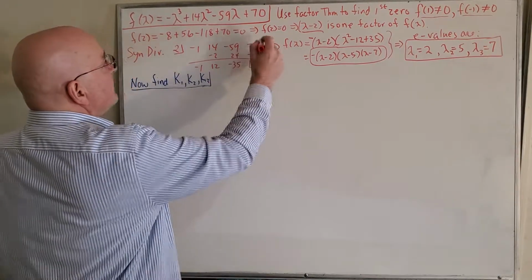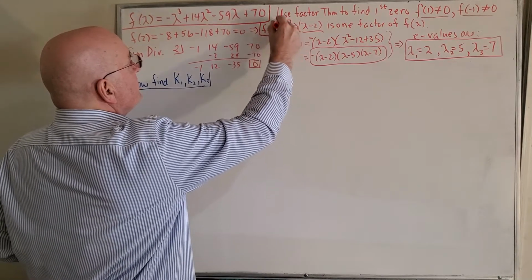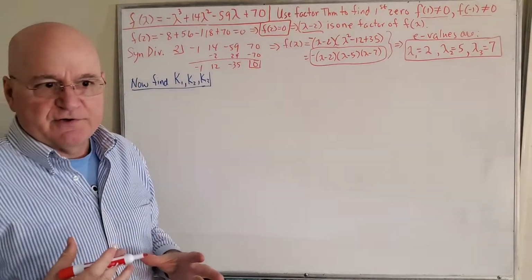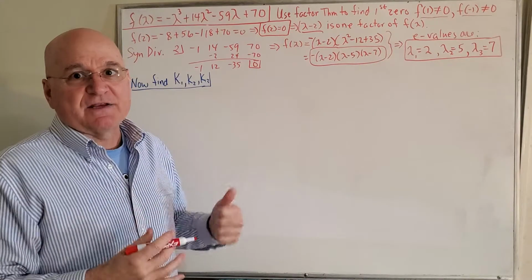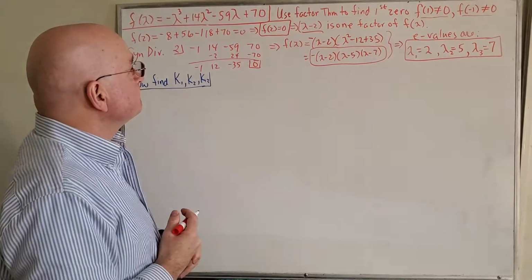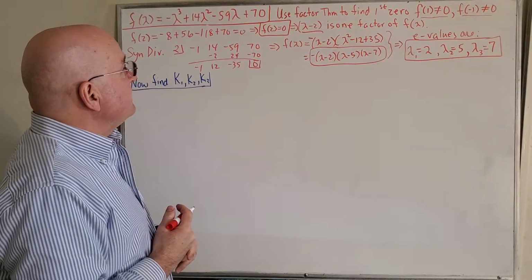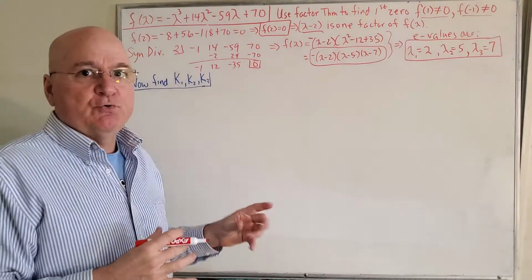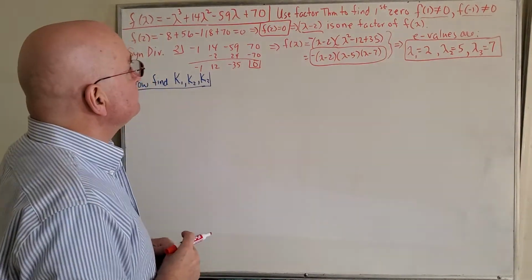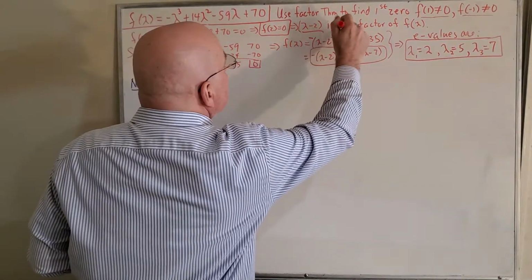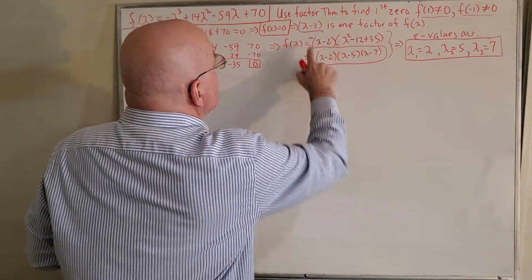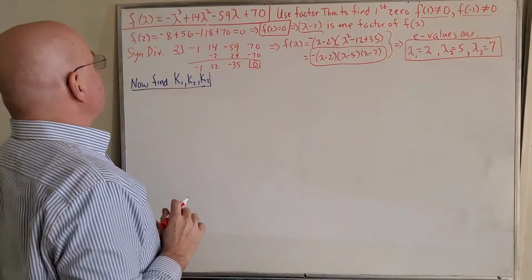There we go. F of 2 equals 0 means that lambda minus 2 is a factor of this polynomial, and therefore lambda equals 2 will be one of the eigenvalues.